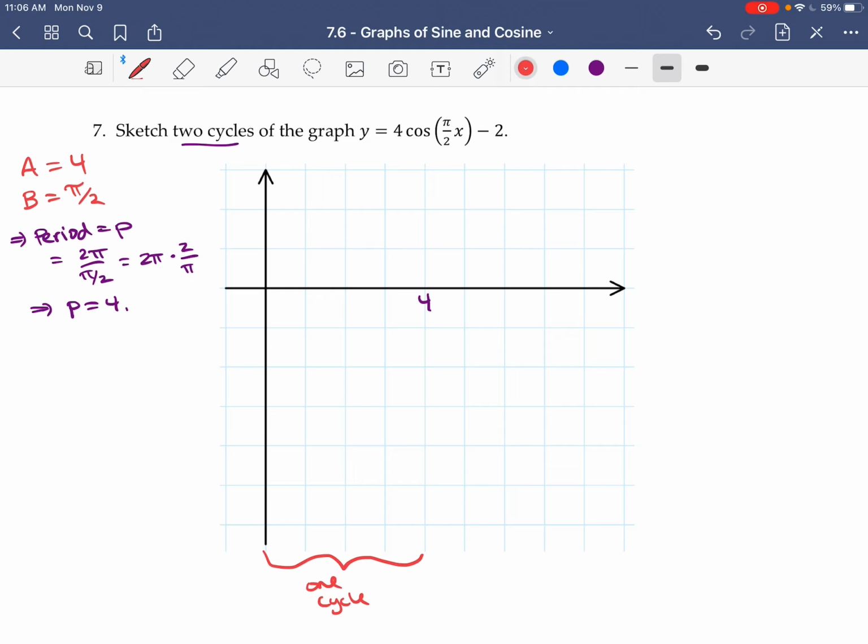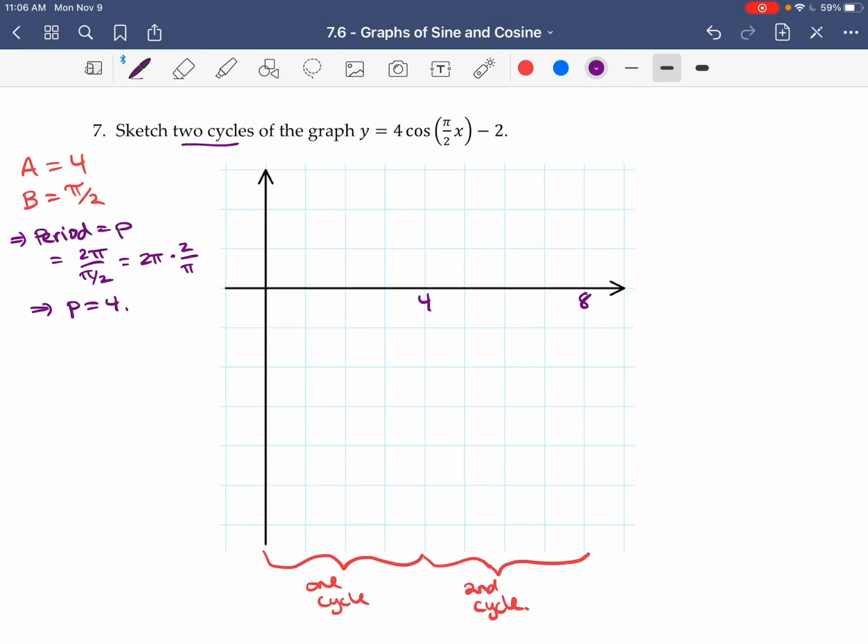And then 4 more steps, 1, 2, 3, 4, that's going to be our second cycle, or period. So that's going to be at 8.